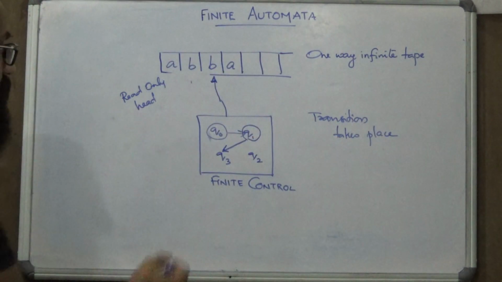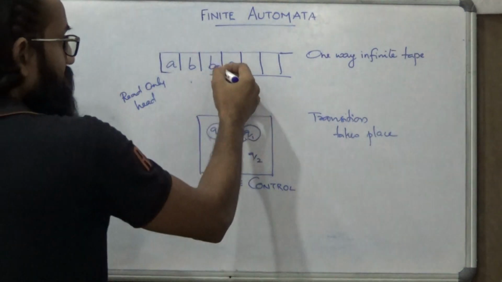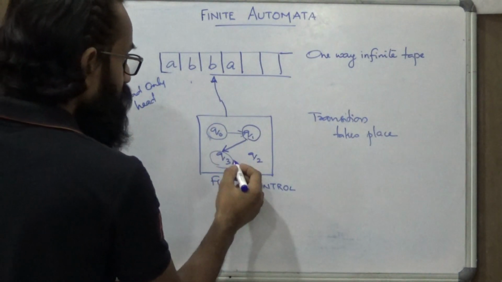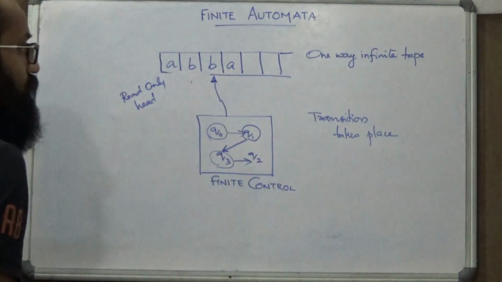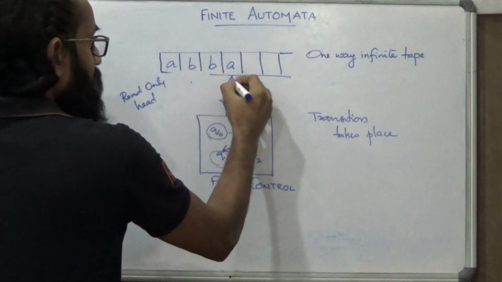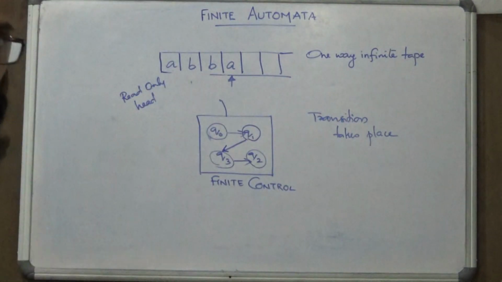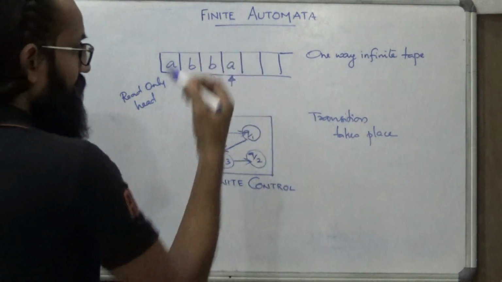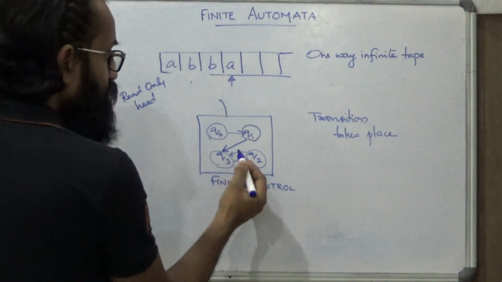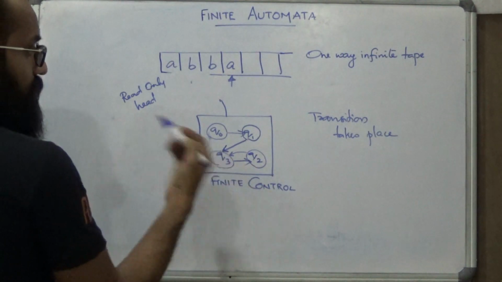Now the current state is Q3. From Q3, let the input encountered be B. So assume that it goes to Q2. And at the end of the transition, the read-only head will advance one unit to the right, and the current state is Q2. And from Q2, let the input encountered be A. So from Q2, for input A, assume that the state of the finite control changes to Q3.